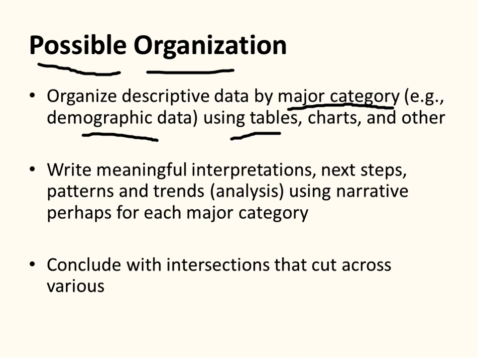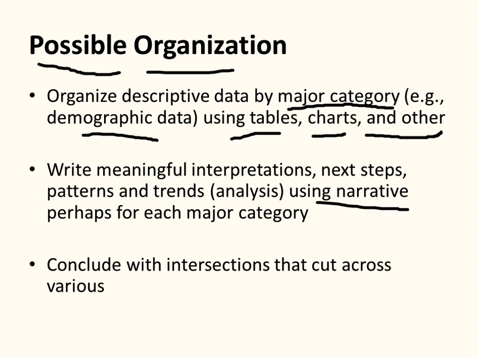You're obviously going to probably want to use some kind of tables and charts. Something other than narrative is going to be helpful to you on that descriptive part. But when you begin to do the analysis part, I think that's going to look more like a narrative.